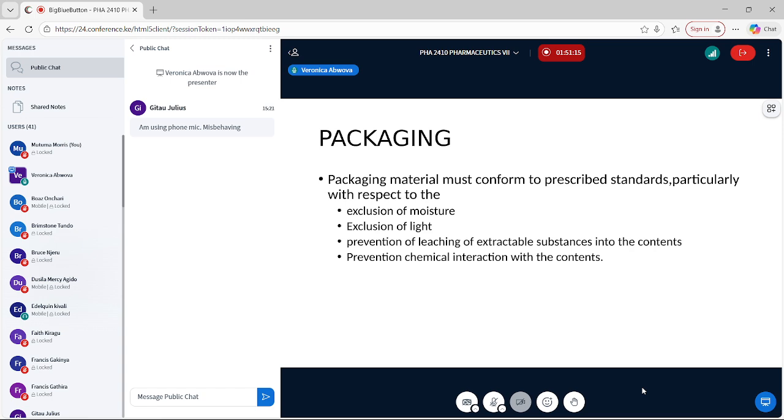What happens when you have a chemical reaction? In science, if you have chemical A reacting with chemical B, what do you get? You get a product, okay?